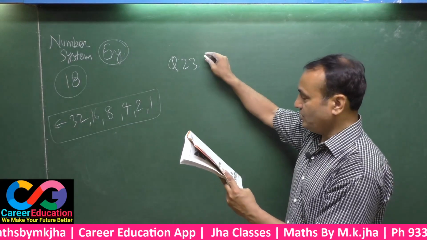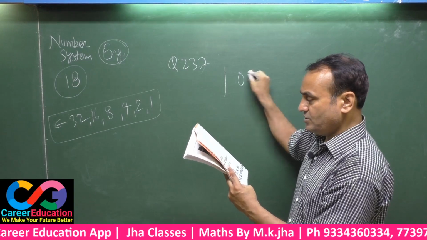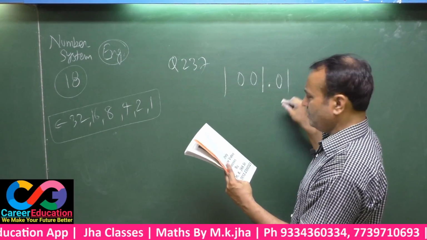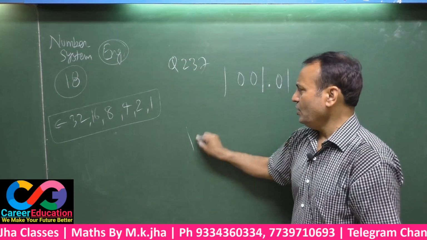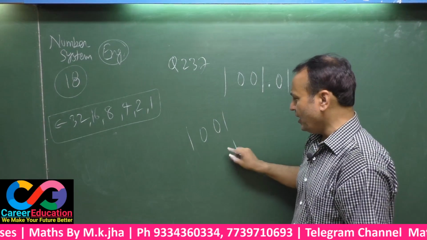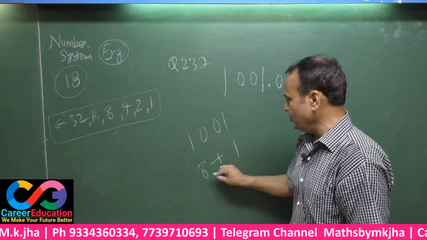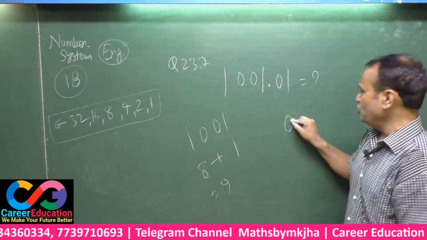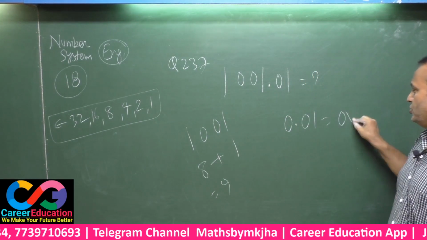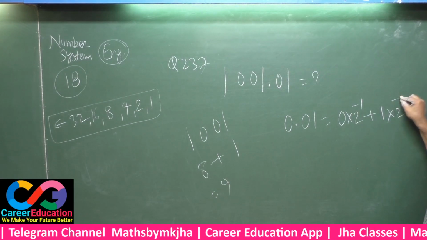Write down again. The next question is 237. This is 1001.01 equals to what? That means see here, 1001 equals to 1. Don't write 2, don't write 4, write 8. This is 8 plus 1, 9 here. That means 9. Again 0.01 equals to 0 times 2 power minus 1 plus 1 times 2 power minus 2.